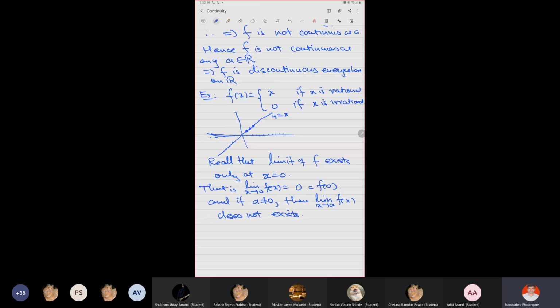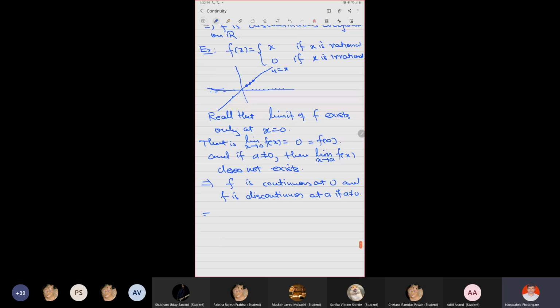So if a is not equal to 0, then the limit of this function at a does not exist. What is the conclusion of this? Therefore, f is continuous at 0 and f is discontinuous at a if a is not equal to 0. Correct?